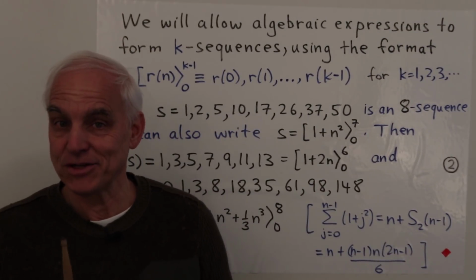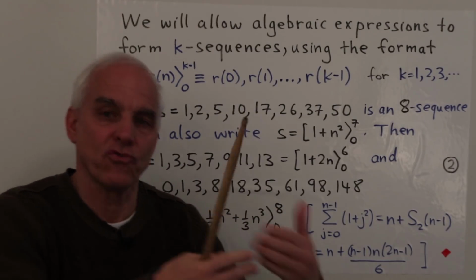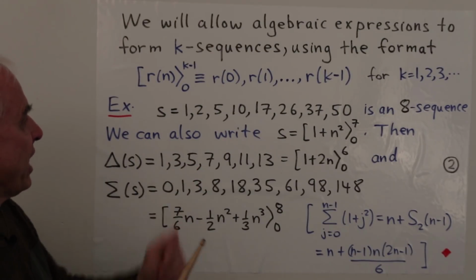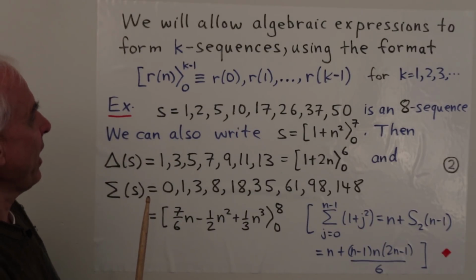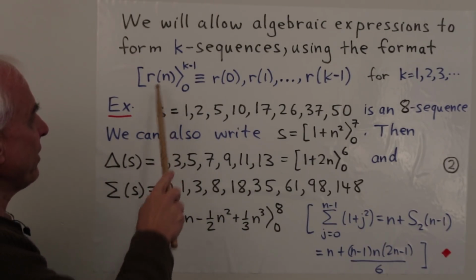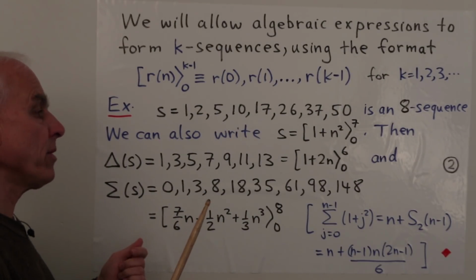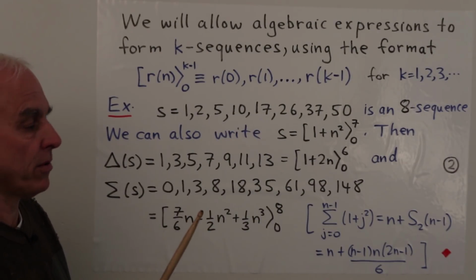So oftentimes it's useful to have algebraic expressions which describe or determine sequences. So we'll use the following notation for that. We're interested in a K sequence and we'll allow ourselves to write it like this if we have an algebraic expression R of n. It could be a polynomial, but it could also be something a little bit more general than a polynomial.